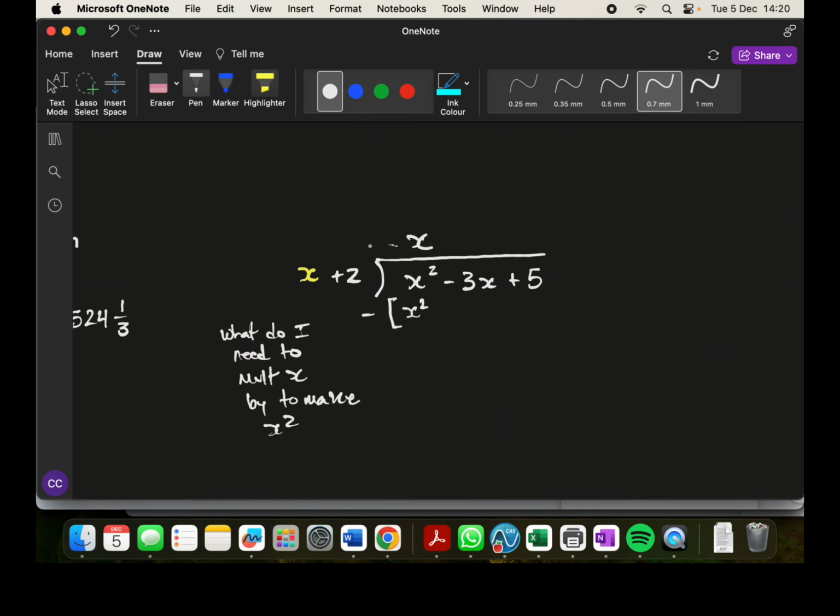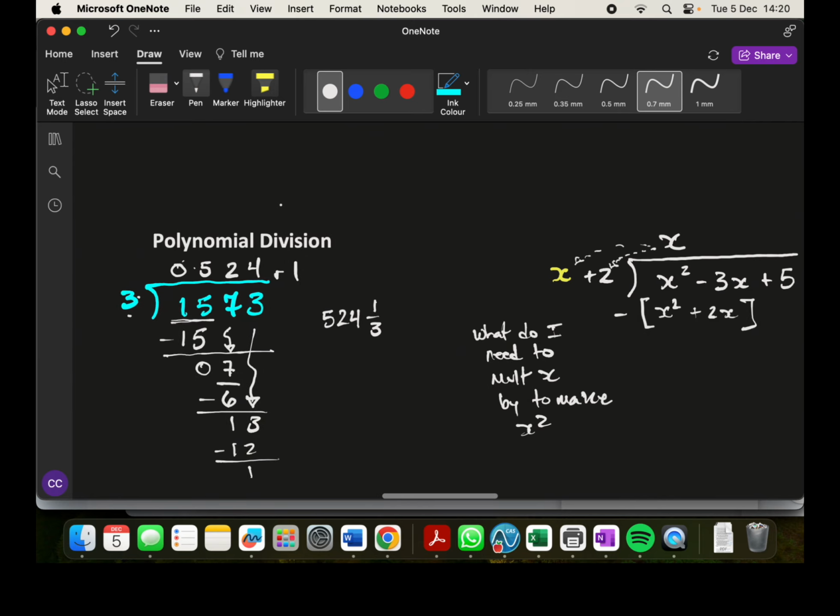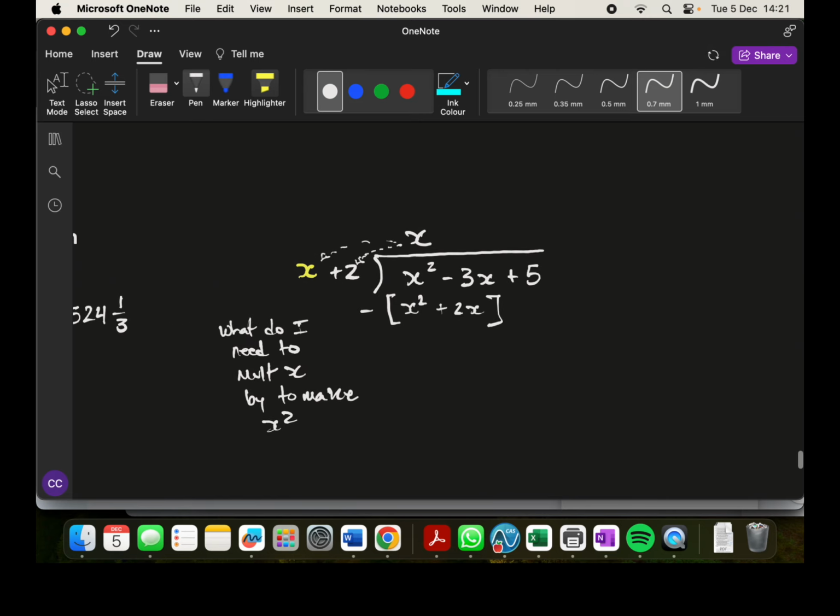But if I multiply this x by there, I also have to multiply it here. So that would give me plus 2x there. And now, just like when I was doing this, how I subtracted the 15, I'm going to subtract. And what should happen every single time is we get a 0 there. And then here, if I subtract, so minus 3x and then minus positive 2x, that'd be negative 5x.